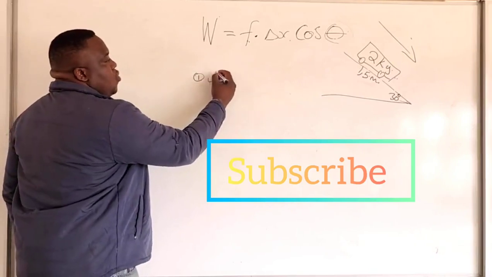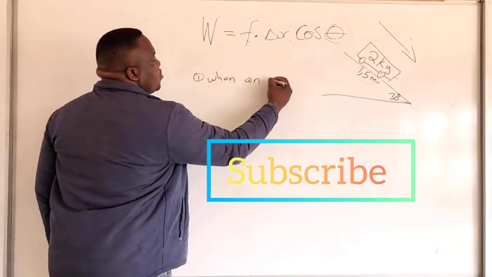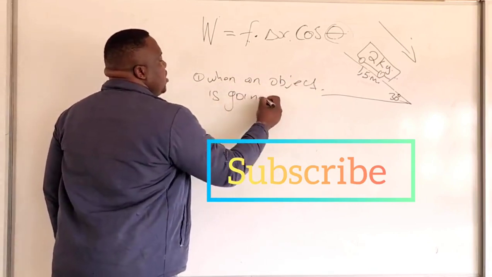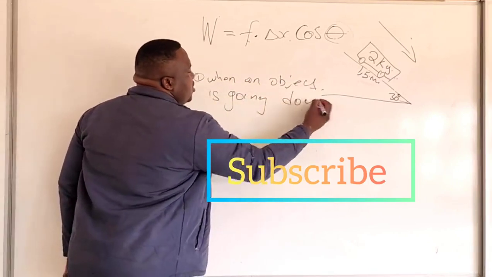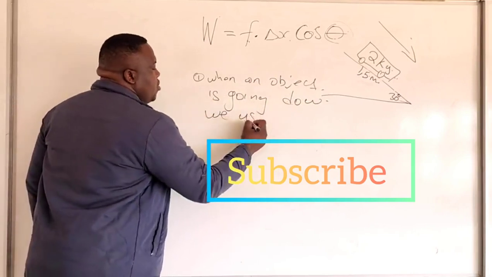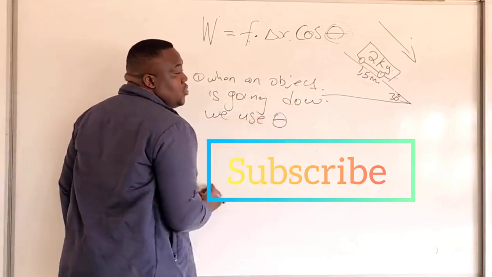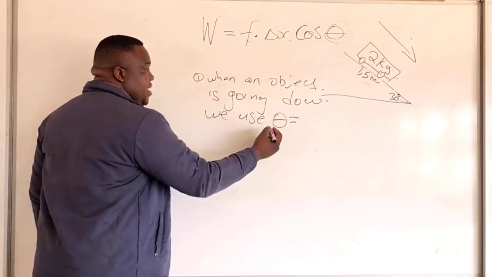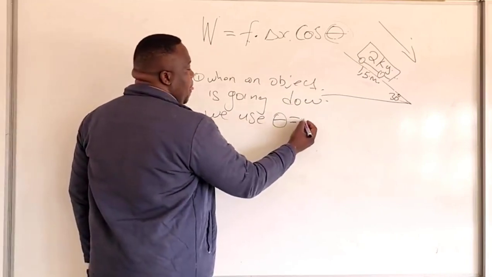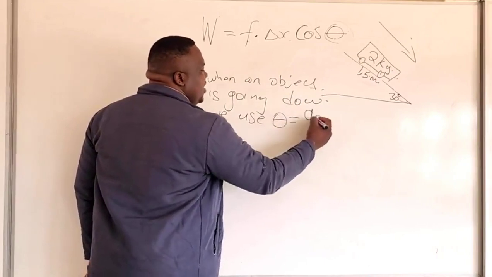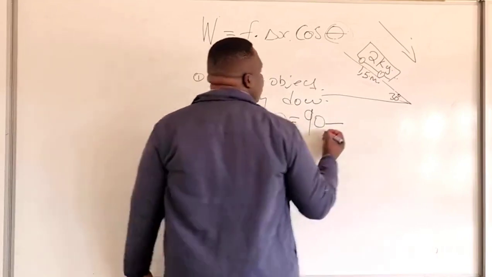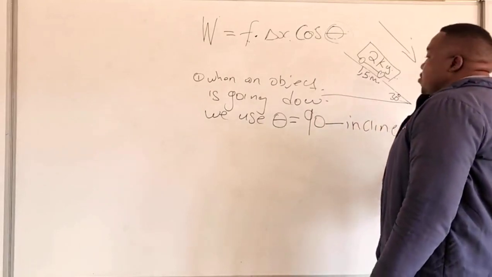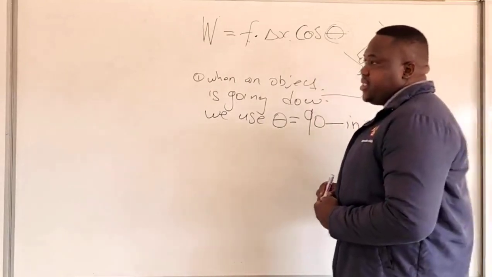Number one, when an object is going down, we use theta equal to 90 minus the incline angle. Can you see that?